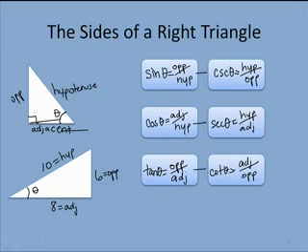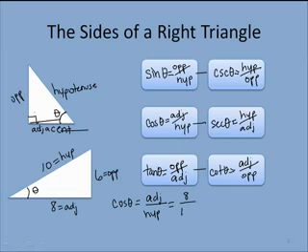Let's evaluate cosine theta. So cosine theta is adjacent over hypotenuse. So adjacent is 8 over a hypotenuse of 10, and that simplifies to 4/5.